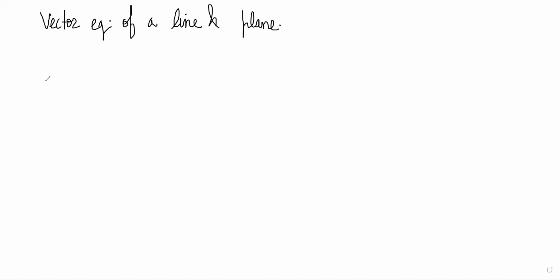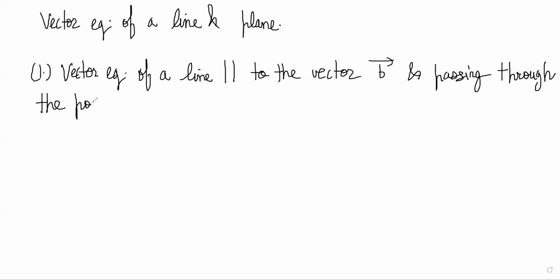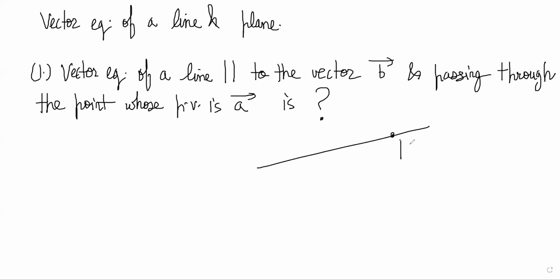So the first thing that we talk about here is the vector equation of a line parallel to the vector B and passing through the point whose position vector is A. So basically, I want the locus of a point P on the line such that it passes through the vector A.